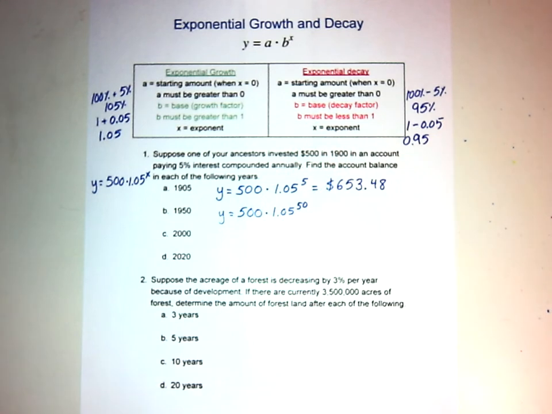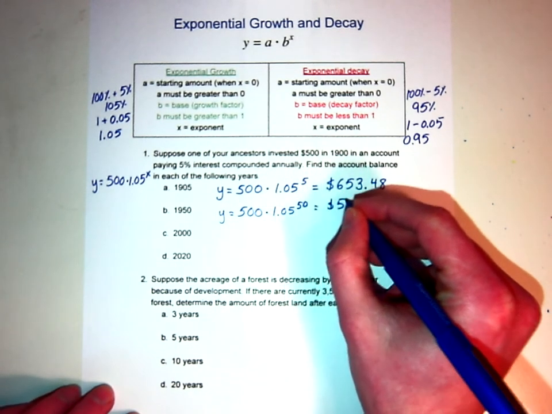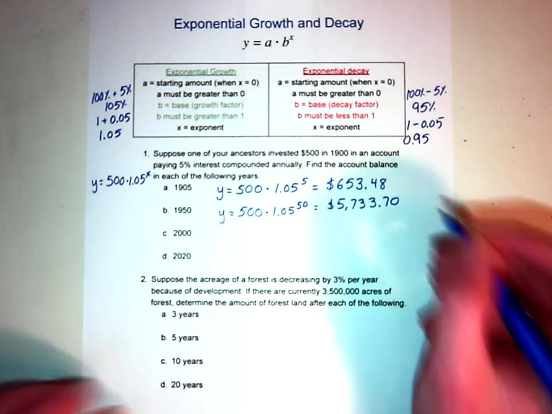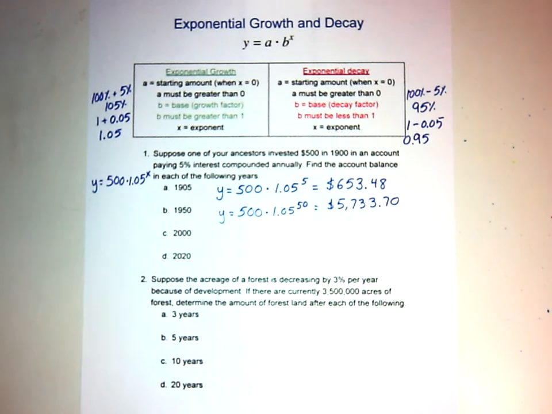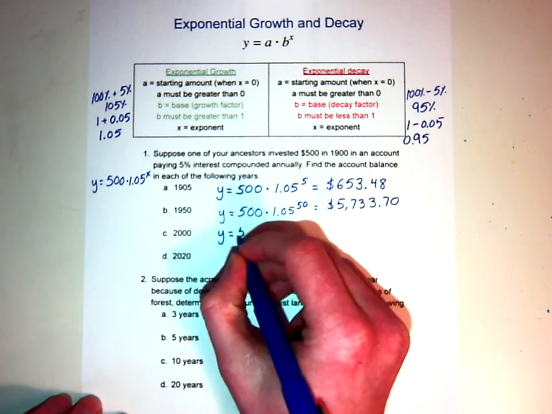Let's plug that in: 500 multiplied by 1.05 to the 50th power. That gets me $5,733.70. I don't know about you, but I'm okay with that growth. Wow, I wish bank accounts did that these days, but they don't.